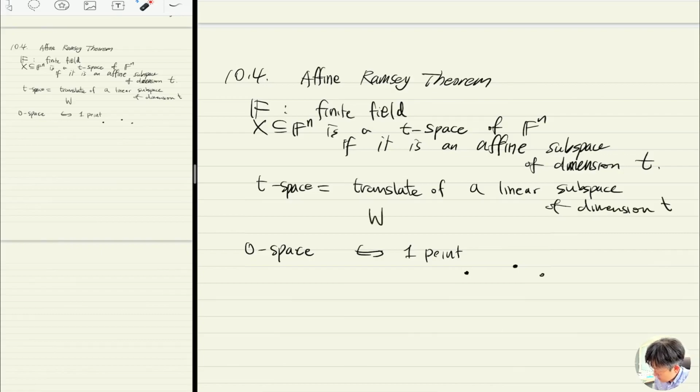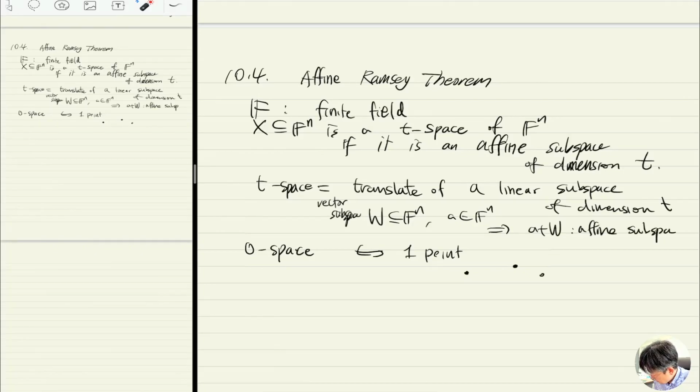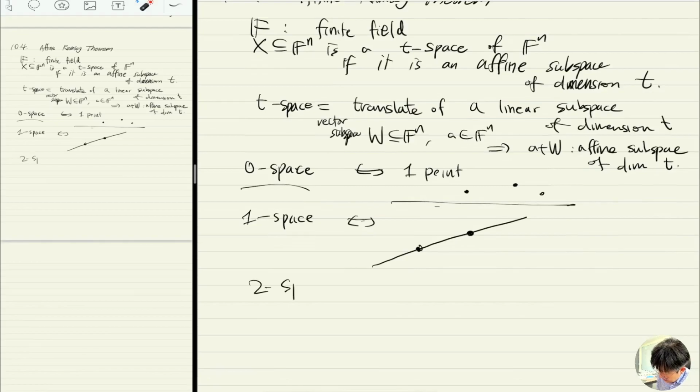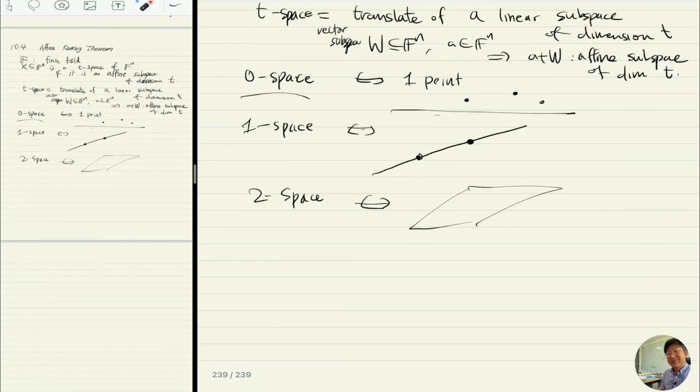So when you have a vector subspace or linear subspace W and a vector a, then a plus W is an affine subspace of dimension t. So a 0-space is just one point, and a 1-space is the same as a line, right? And a 2-space is a plane, and now it's difficult to draw anything higher.